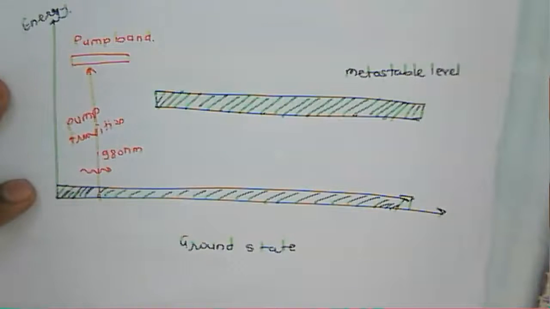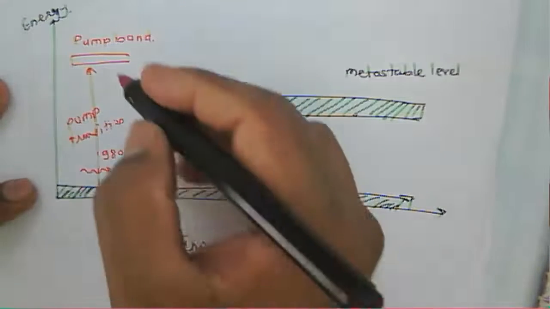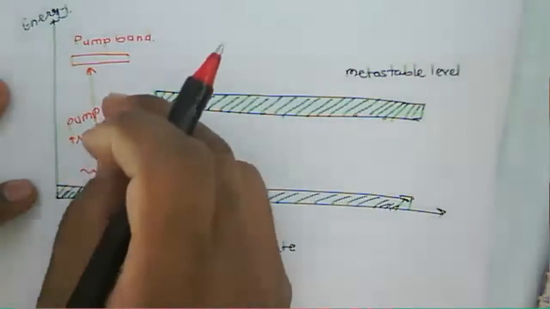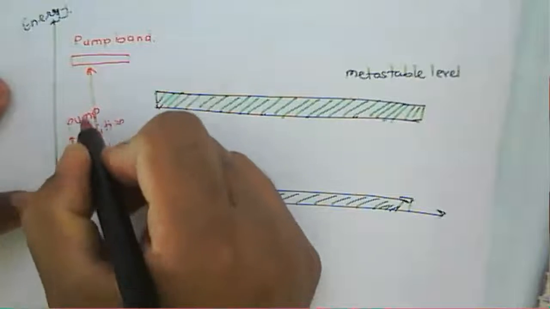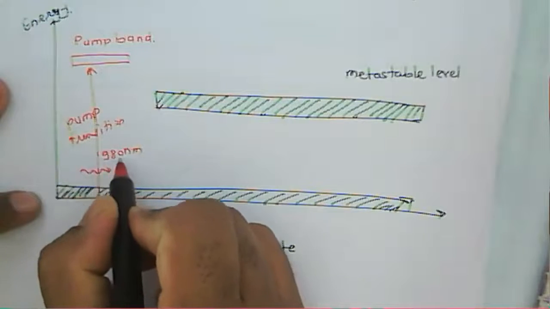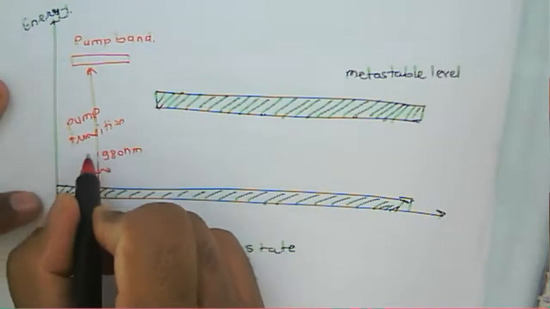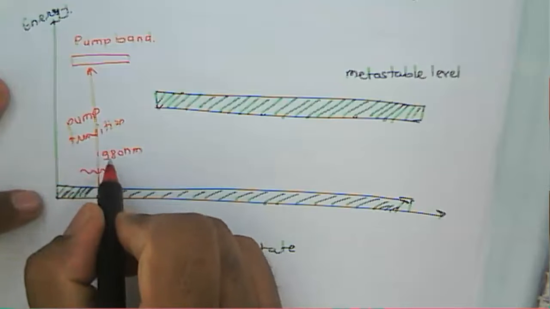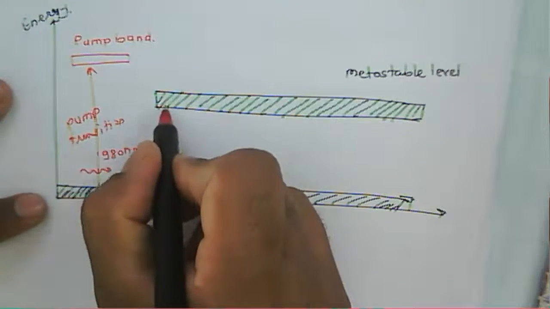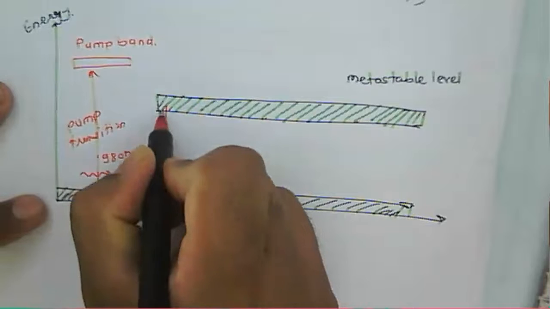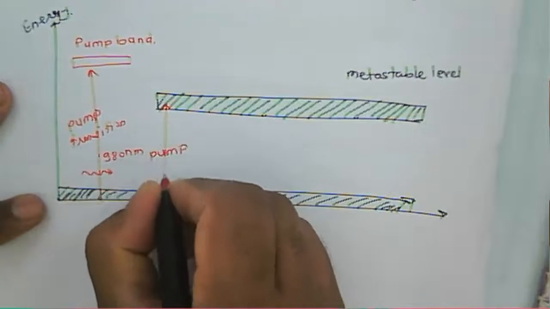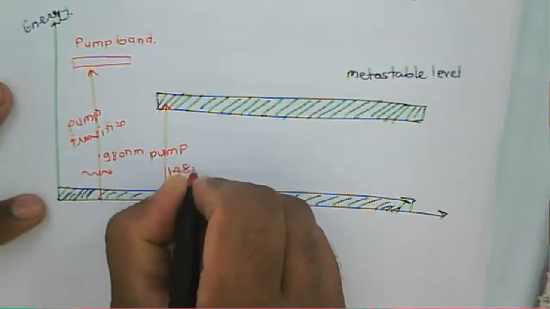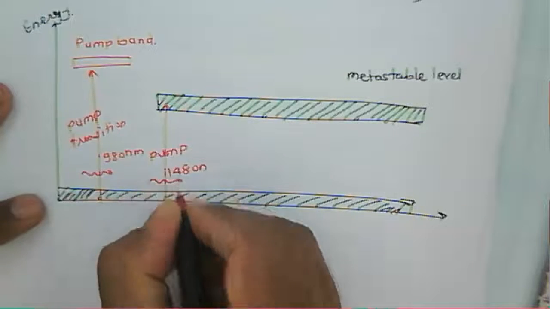Initially we have a pump level, this pump transition at 980 nanometer. Another pump transition takes place at 1480 nanometer.